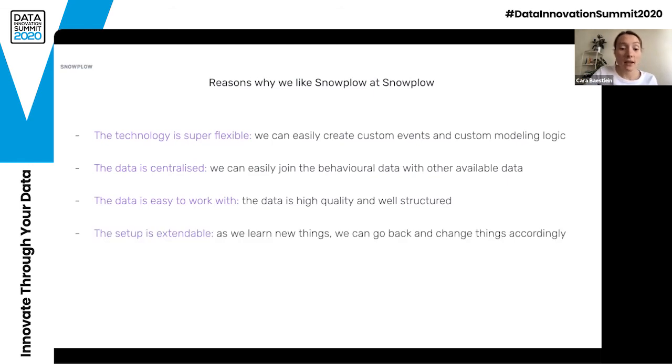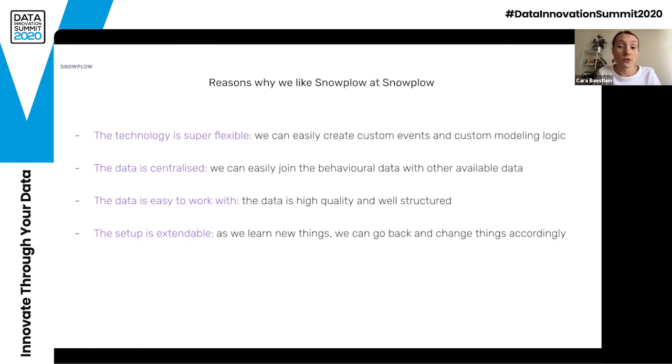And then the last thing is it's super extendable. Especially as a product manager, it's really important that continually as we learn new things, we want to go back and update not just the tracking, but also the modeling. For example, we started off just looking at how people are engaging with this raw data. We then realized that in and of itself is not very interesting if we don't understand where people go after, because we could just be looking at a load of people who are applying for jobs at Snowplow and looking at this data to familiarize themselves with our product.